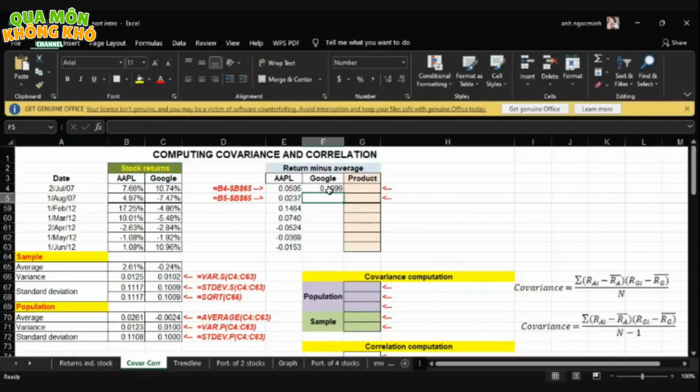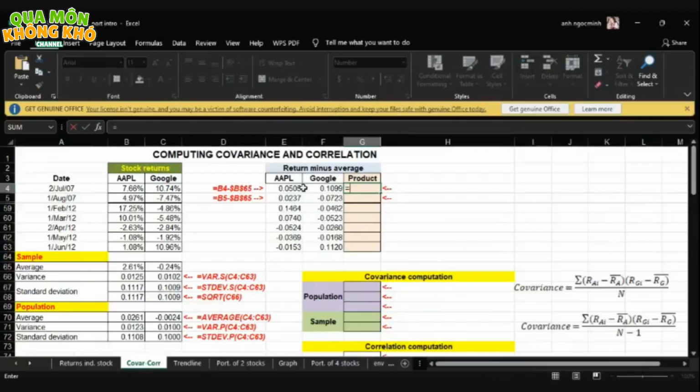And next, we will take the products of the return minus average return of Apple and Google.